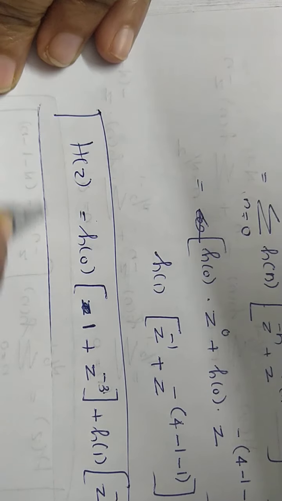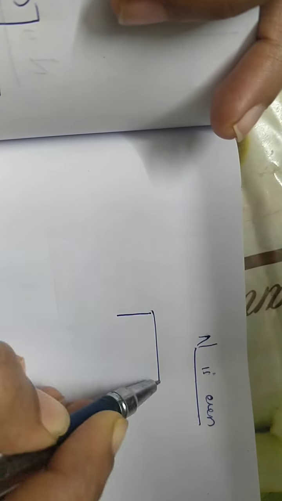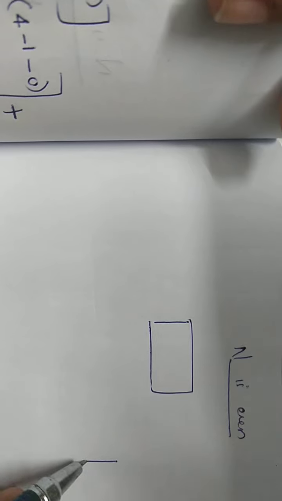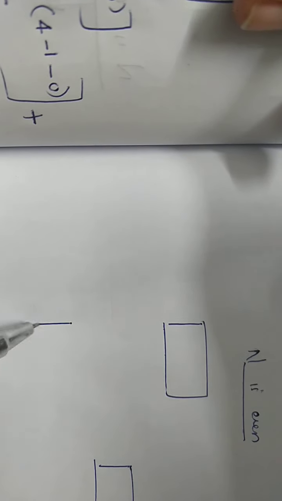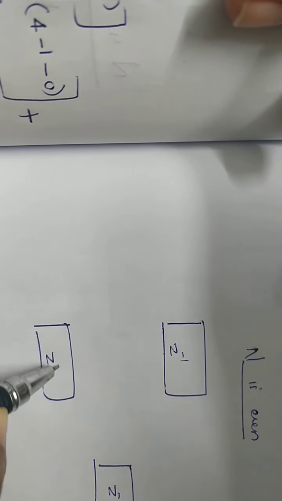So, it is having maximum of 3. So, 3 delay structure. If n is even, we will draw like this. If there are 3, 1 z inverse here, 1 z inverse here, z inverse and z inverse.